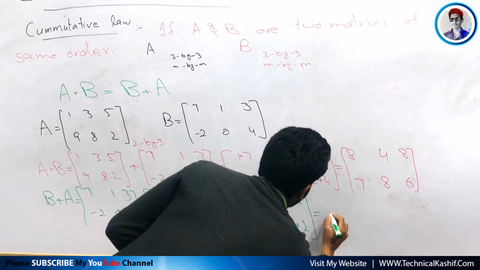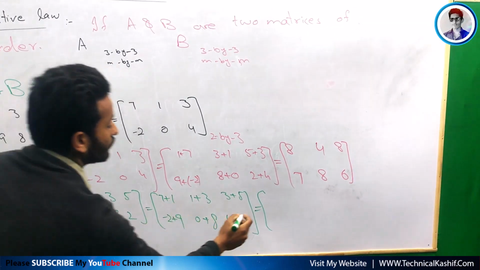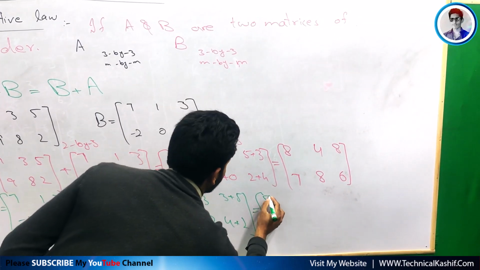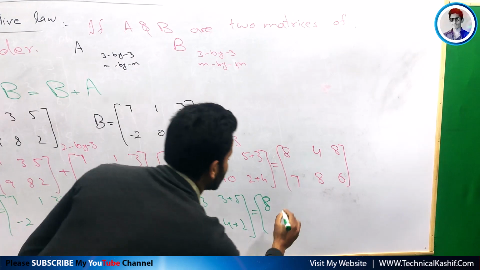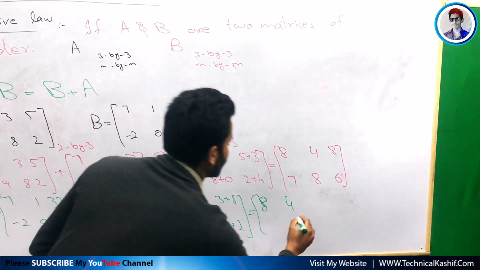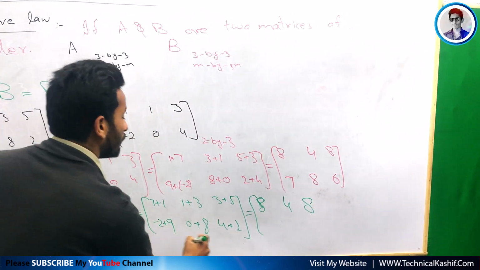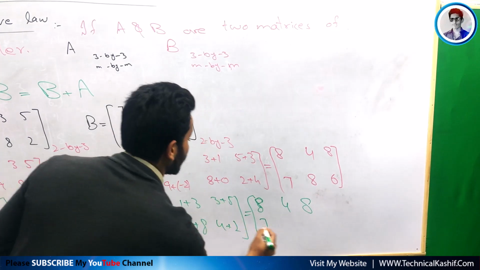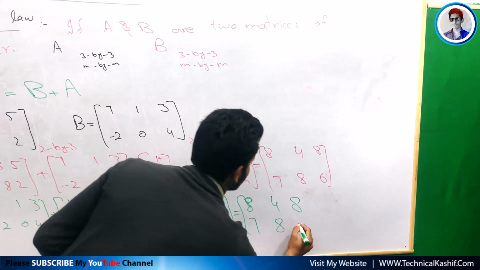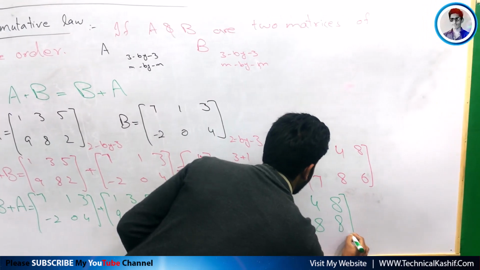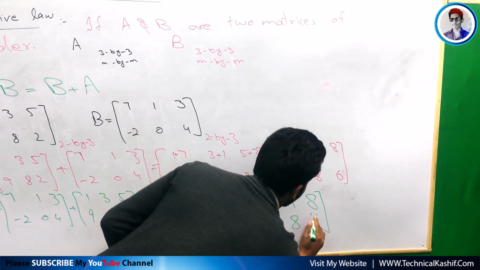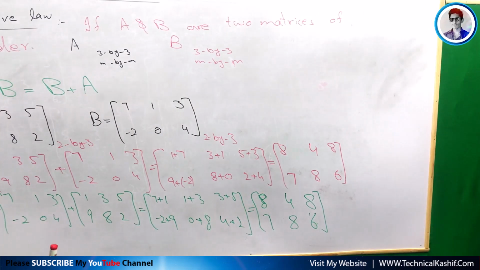For the answer, 7 plus 1 is 8, 1 plus 3 is 4, 3 plus 5 is 8, minus 2 plus 9 is 7, 0 plus 8 is 8, and 4 plus 2 is 6.